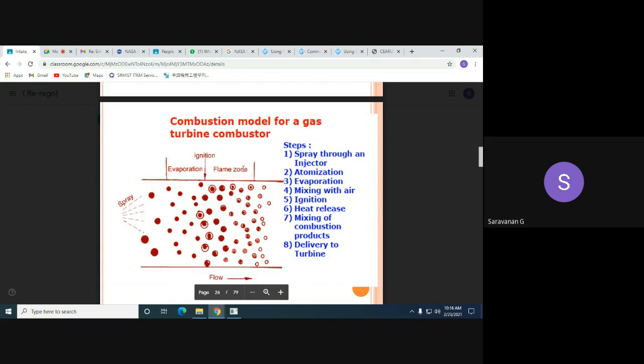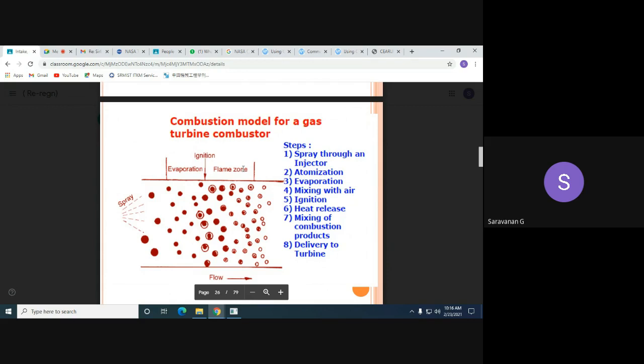Then the air stream or oxidizer flow stream flows with the fuel, and these two undergo some evaporation. After evaporation, the evaporated fuel will be mixed with the air. Sometimes mixing may take place before evaporation also. After that, we ignite.